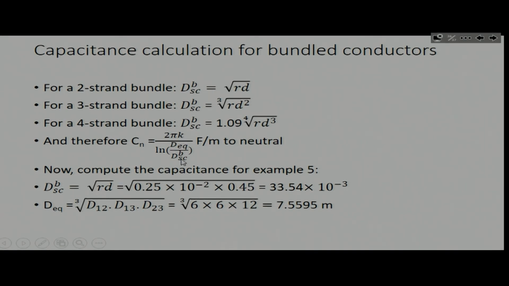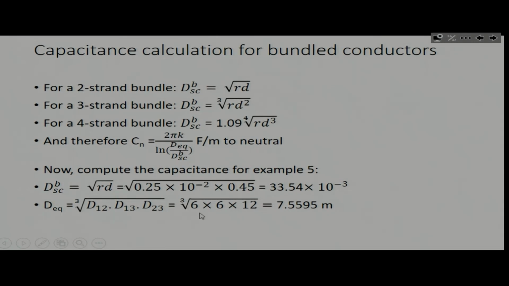Now let's look at that example that we did previously of the 2 conductors. So DSC will be the square root of 0.25 times 0.45. Remember, there is no 0.7788 now because we are working with capacitance and it's just between the 2 lines. That gives us 33.54 times 10 to the minus 3 meters.